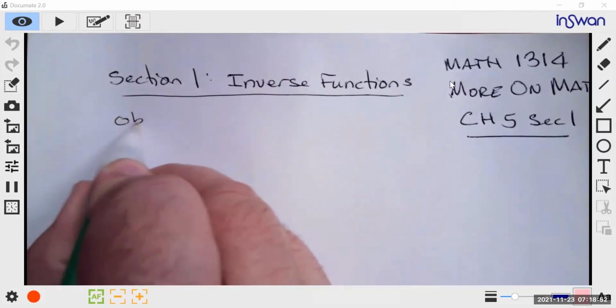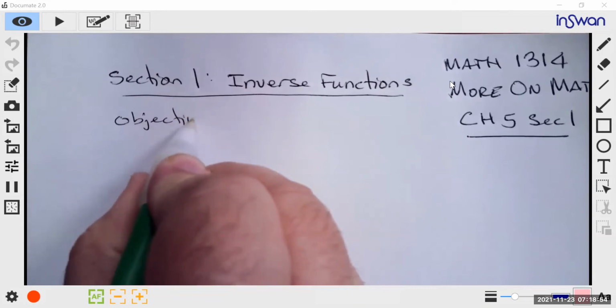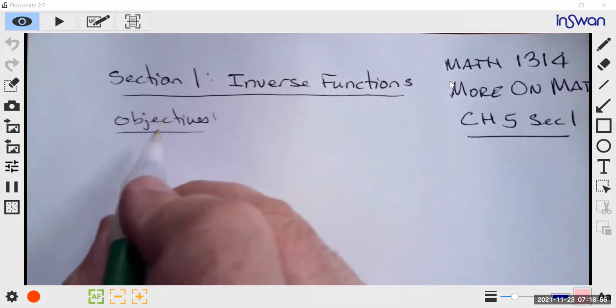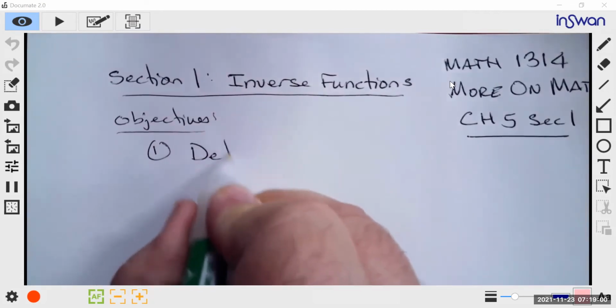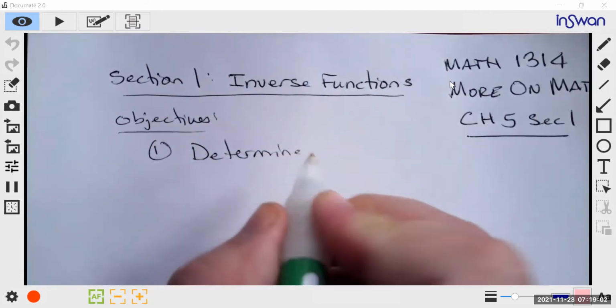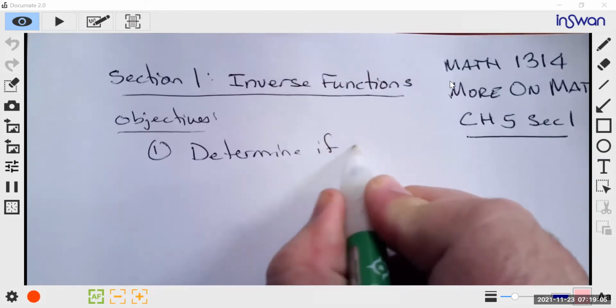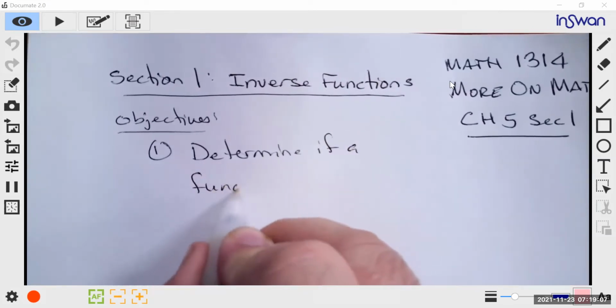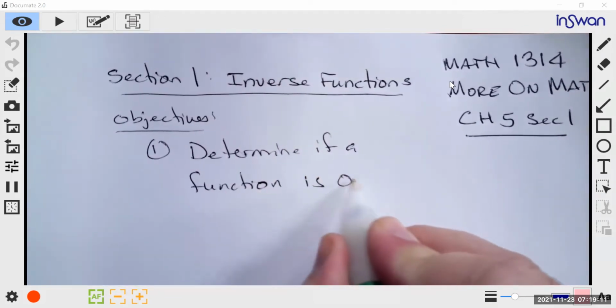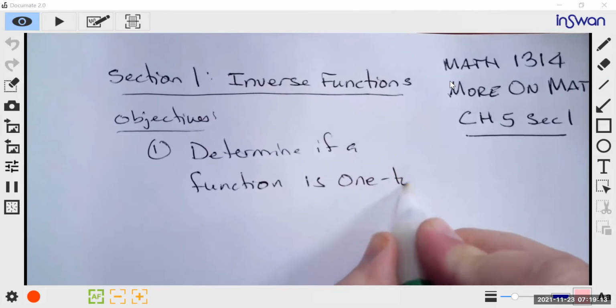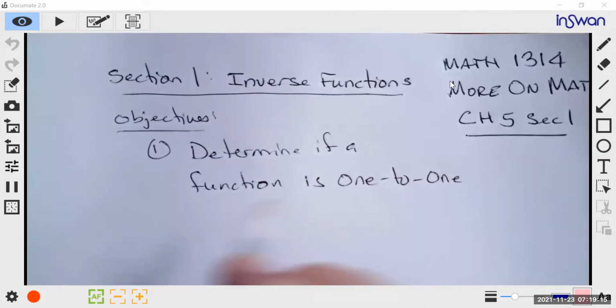The objectives we're going to do here are we're going to look at how to determine if a function is one-to-one from now on.